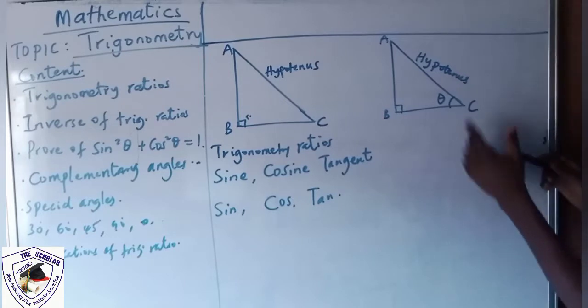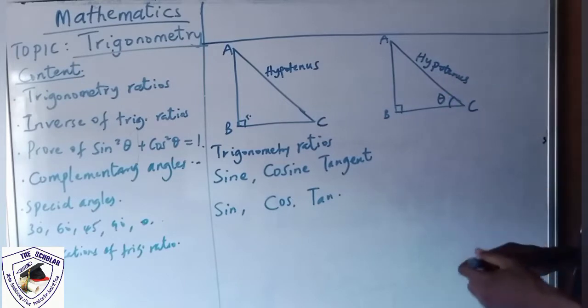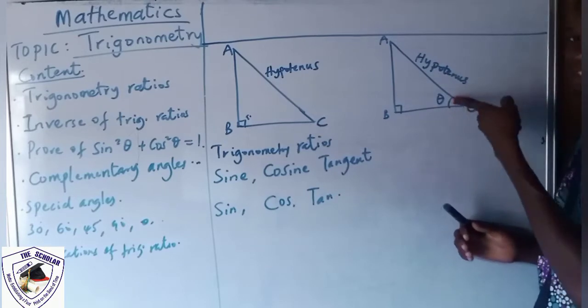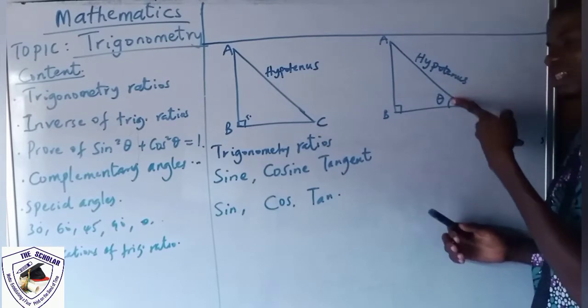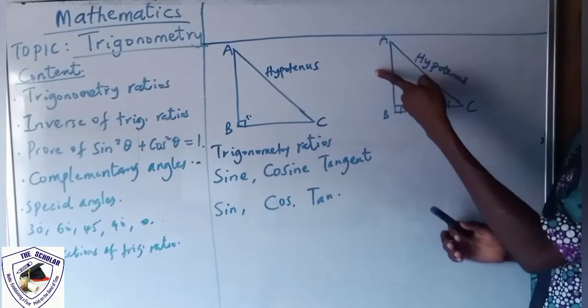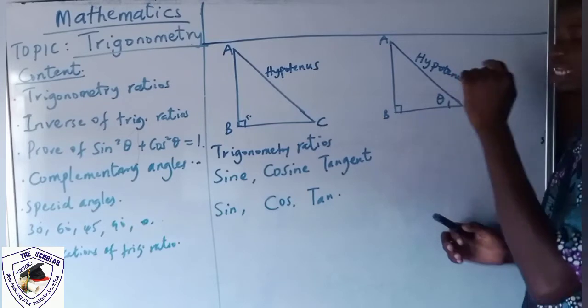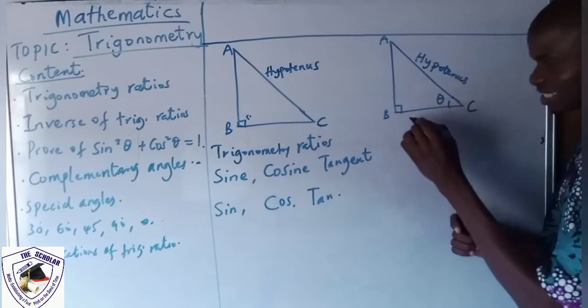We also abbreviate it with the first three letters, HYP. Then where the angle is facing directly, that is the opposite, while where the angle is resting is called the adjacent.